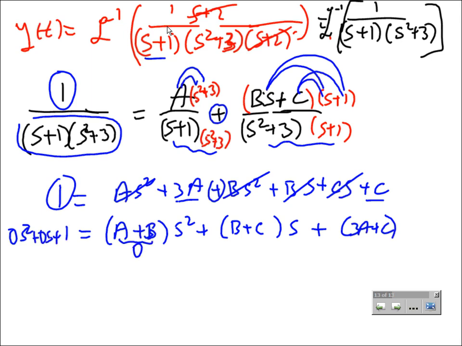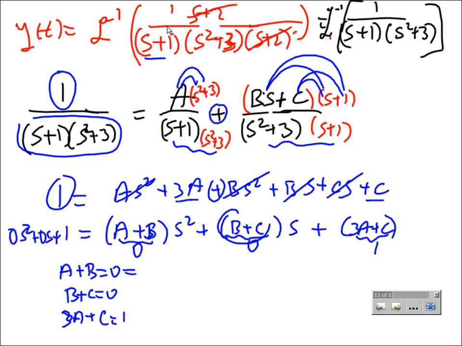That is, this is 0, this is 0, and this is 1. So a plus b must be 0. B plus c must be 0. And 3a plus c must be 1.